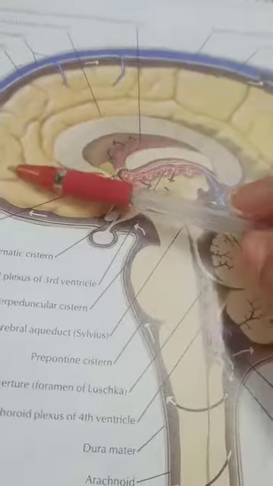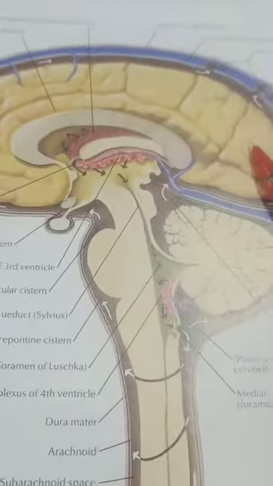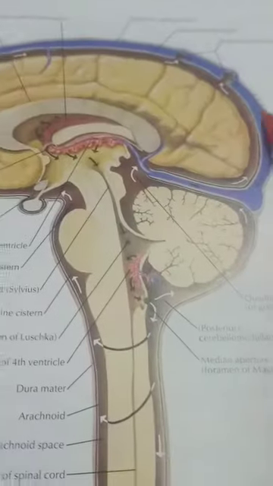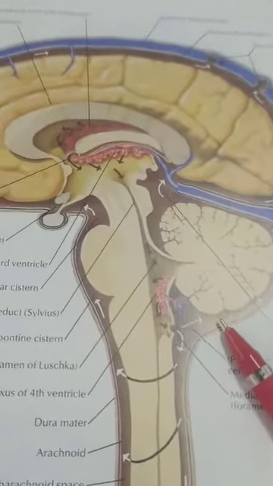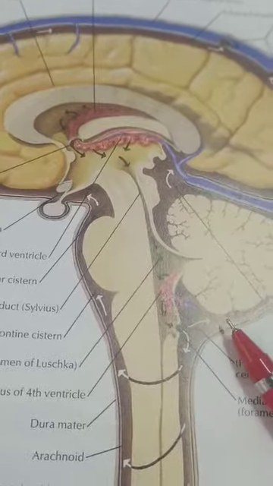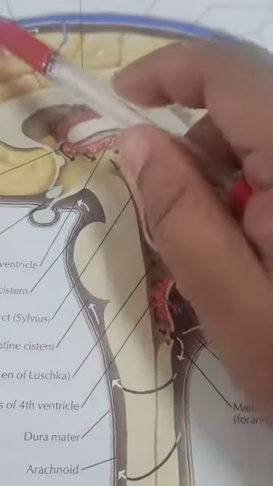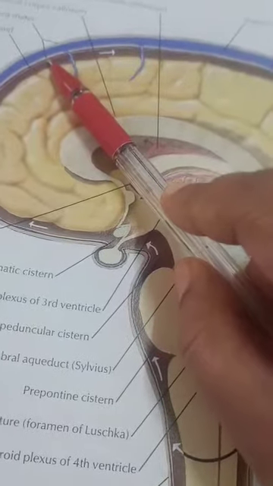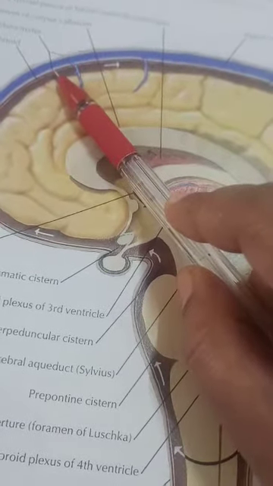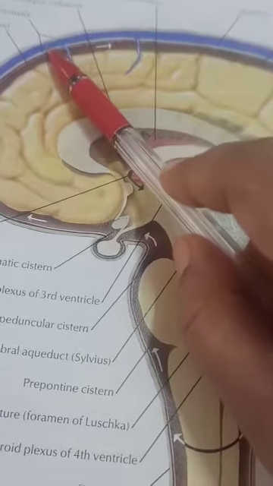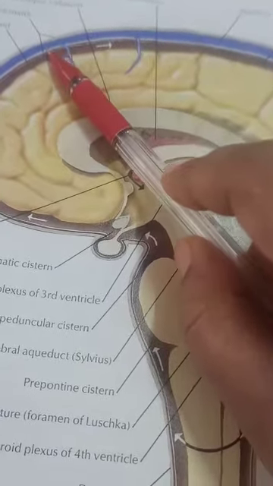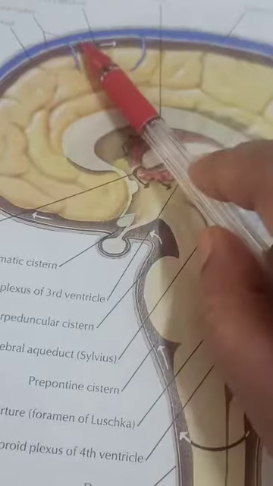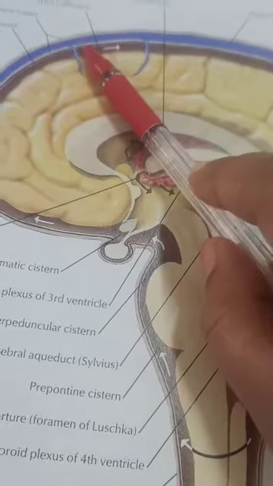Here we can see the cerebrum, and the entire brain is covered by meninges. There will be three coverings. The outermost is the dura mater, then comes the pia mater. Here there will be two layers of dura mater. Between the two layers we can see venous sinuses, blood filled spaces, known as dural venous sinuses.